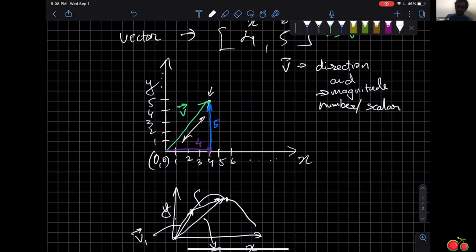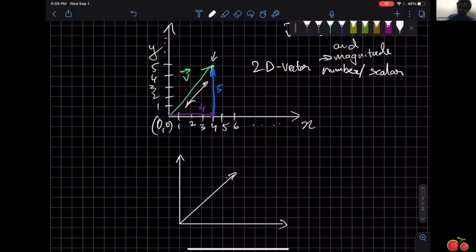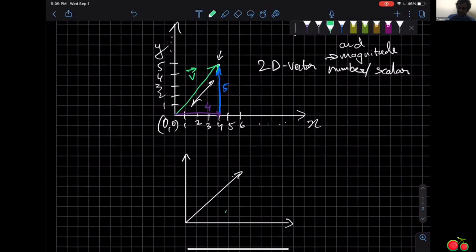You can have something like this. This is going to be tough for me to draw. Don't mind, I'm not a very good artist. So I can have a vector like this. Let me place this from here.